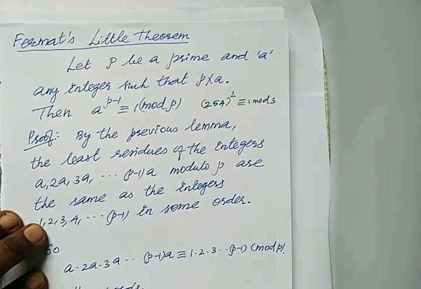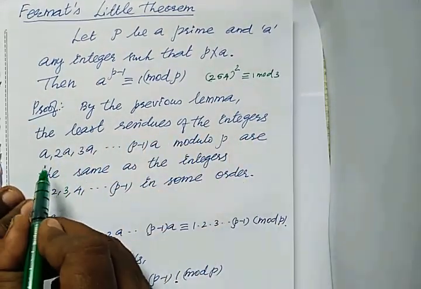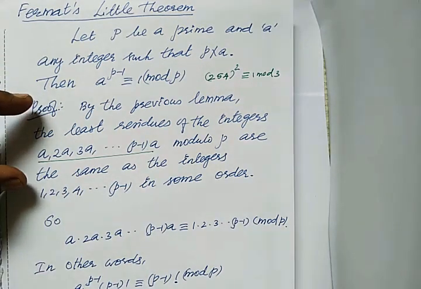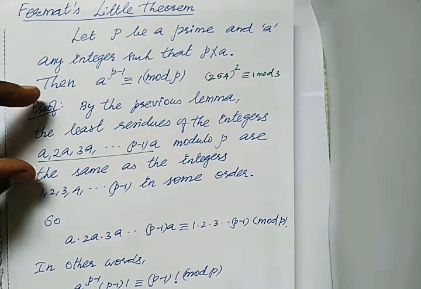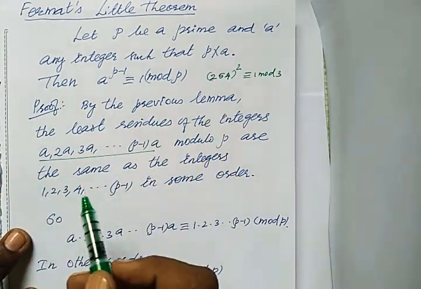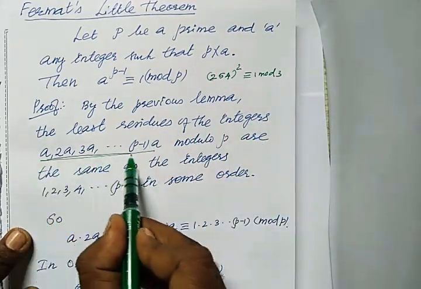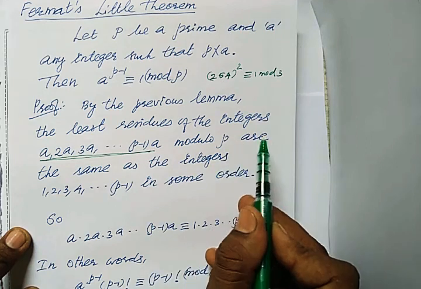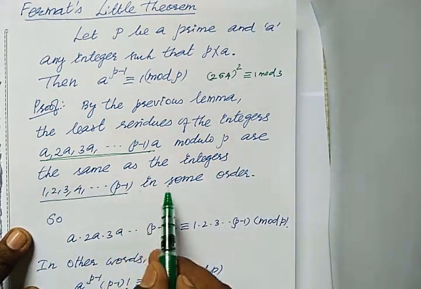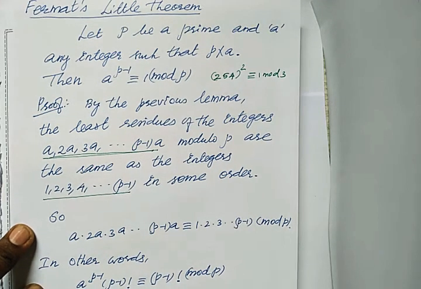Okay. By the previous lemma, the least residues of the integers, this one, modulo P, are the same as the integers 1 to P minus 1 in some order. Right?